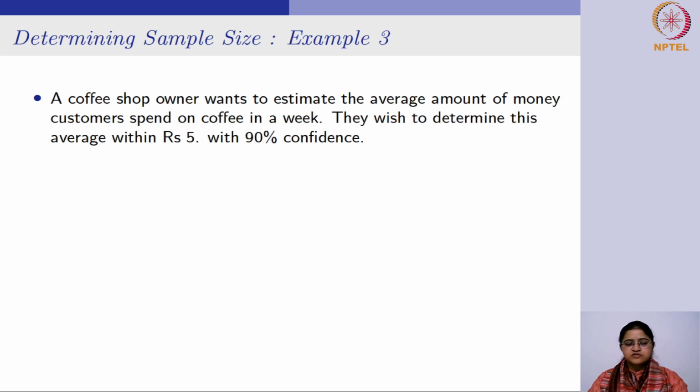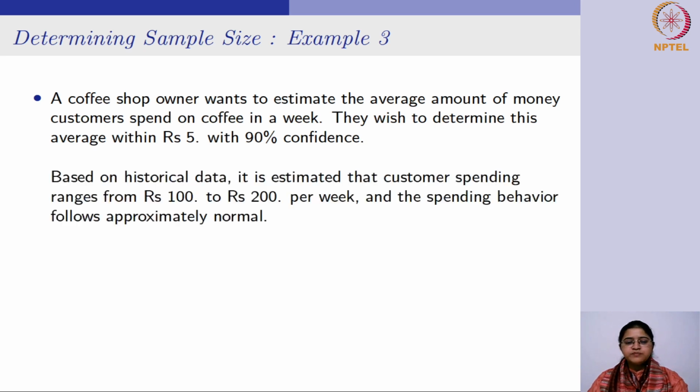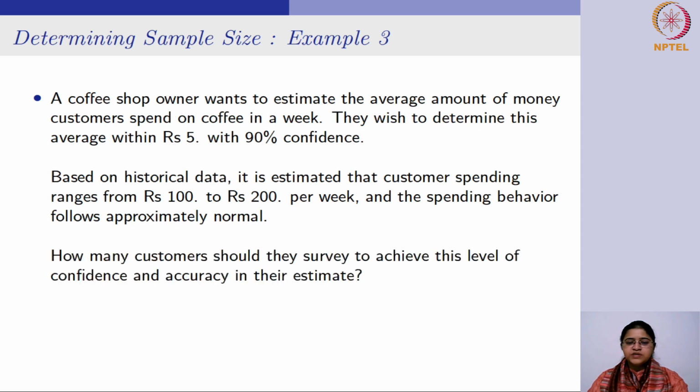Now based on historical data, it is estimated that customer spending ranges from rupees 100 to rupees 200 per week, and the spending behavior follows approximately normal distribution. How many customers should they survey in order to achieve this level of confidence and accuracy in their estimate?